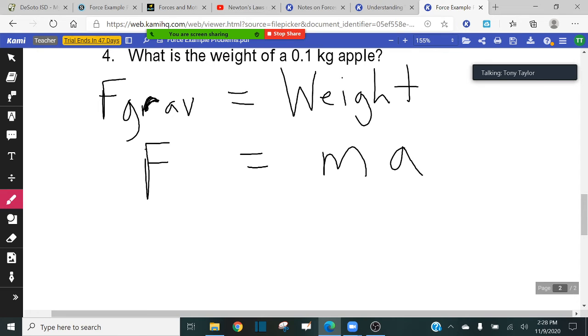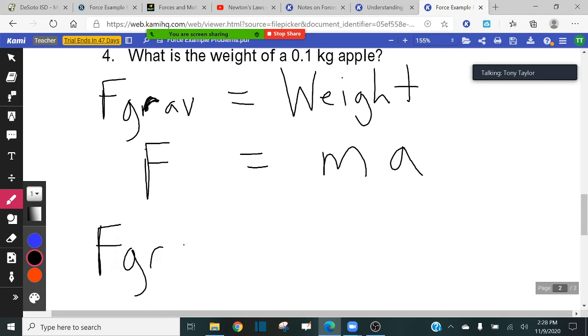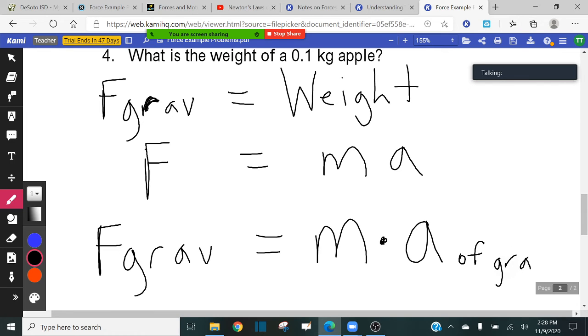In other words, any object that's accelerating in the gravitational field here on Earth has a rate of 9.8 meters per second squared. So that means the equation for the force of gravity is equal to the object's mass times the acceleration of gravity itself. And when I say the acceleration of gravity, basically I'm saying the acceleration due to gravity.